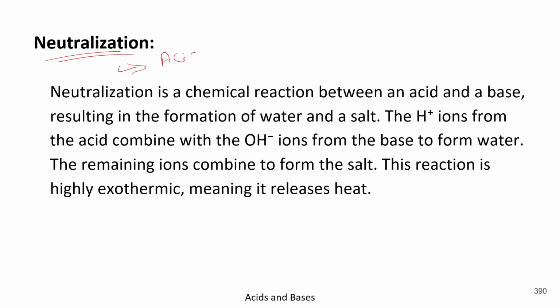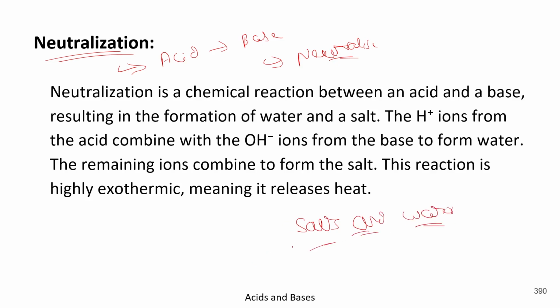As I have told you, whenever an acid reacts with a base, it will always neutralize and give salts and water. So salts are generally obtained through neutralization. Neutralization is a chemical reaction between an acid and a base, resulting in the formation of water and a salt.